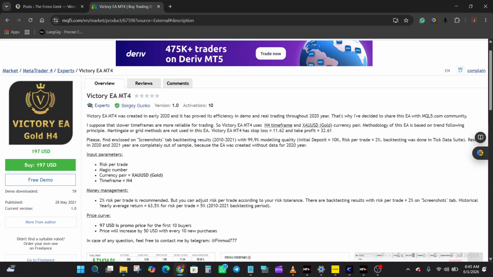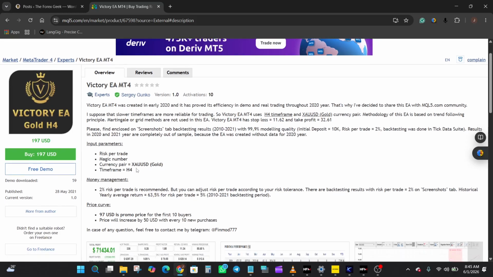As I continue through the product description, the developer states that the methodology is based on a trend following principle. It's also specifically mentioned that martingale and grid methods are not used in this EA, which may be an important consideration for traders evaluating different automated systems.